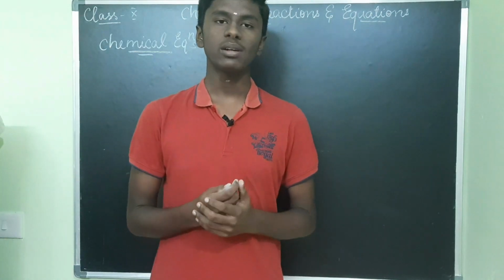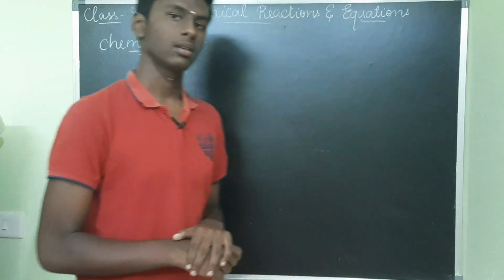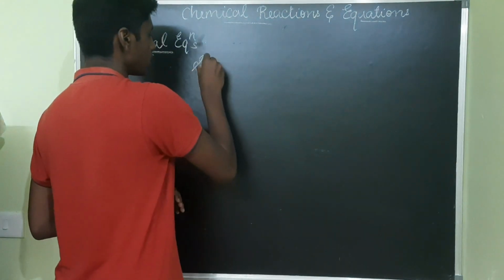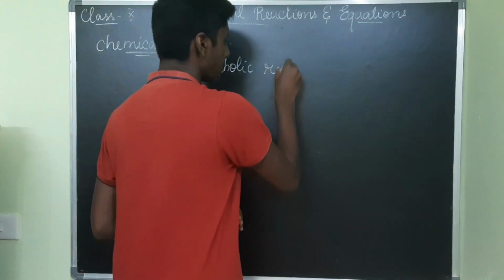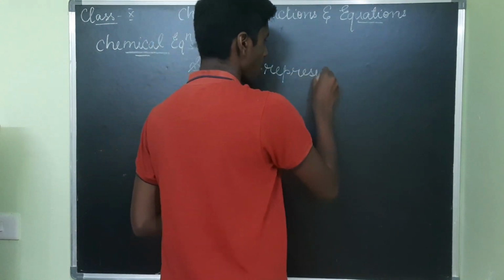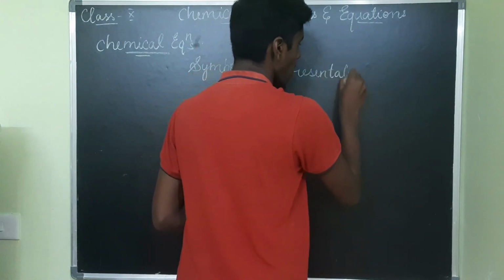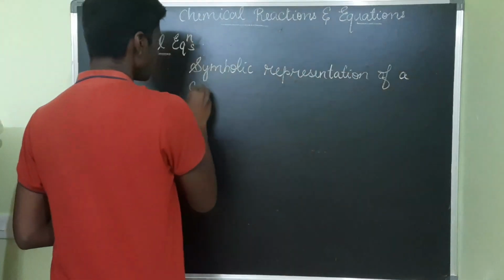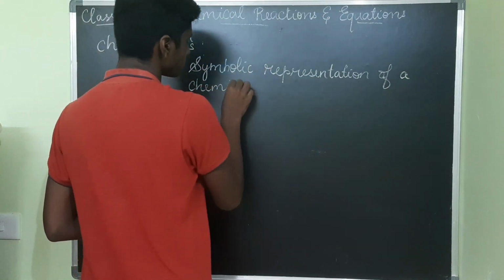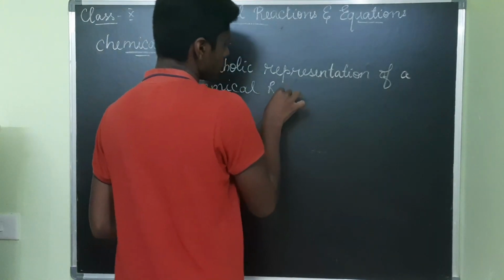So now let's try to understand what a chemical equation is. A chemical equation is nothing but a symbolic representation of a chemical reaction.